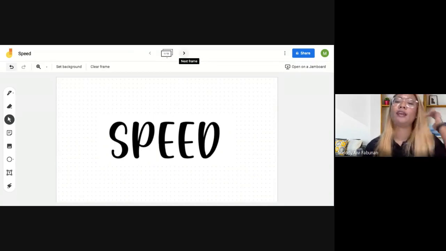Next week, we will talk about velocity, and for velocity, we will use the value of displacement. The reason why we learned distance and displacement first is because their application is in the computation of speed and velocity.